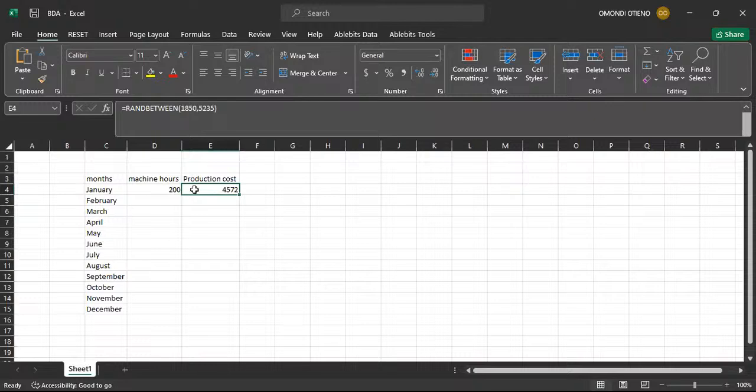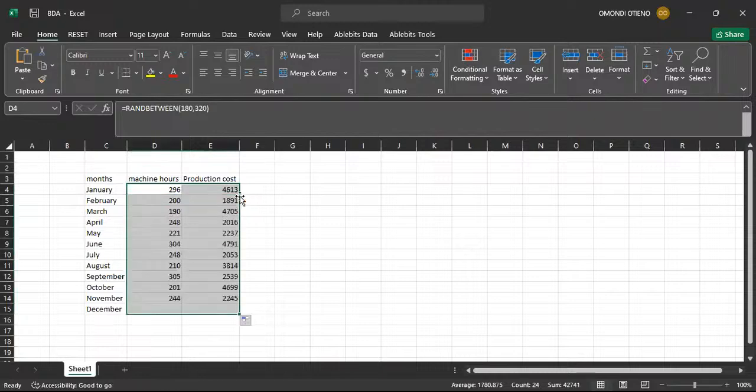Production cost, the lowest is 1850, the highest is 5235. Yes, you'll get different numbers, it will keep on changing. So now highlight the two and autofill.